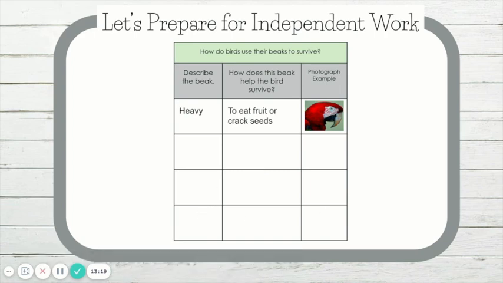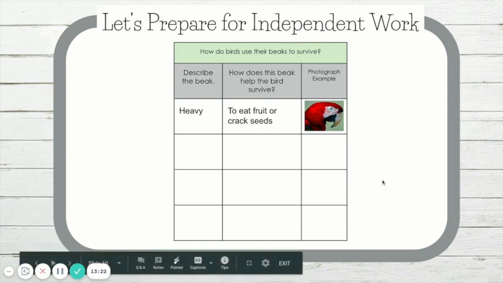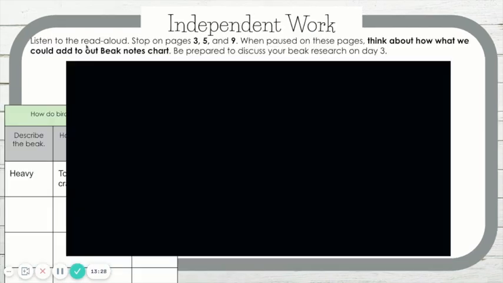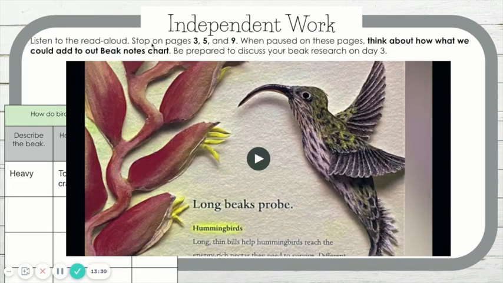During our next lesson together, you're going to help me go back and fill this chart in. So it's important that today you listen closely to the text. Listen to the read aloud. Stop on pages 3, 5, and 9. When paused on these pages, think about what we could add to our Beak notes chart.